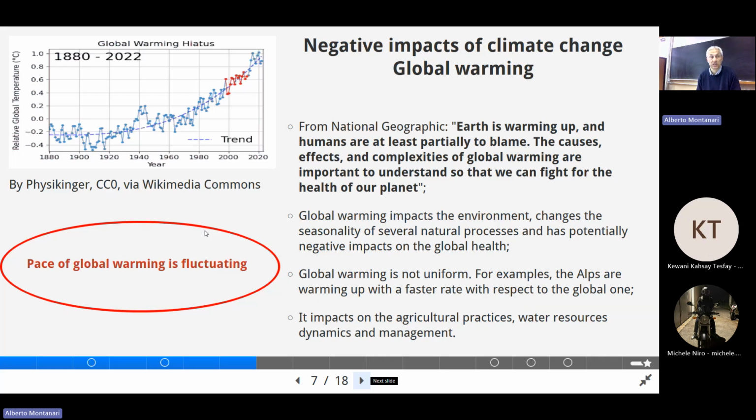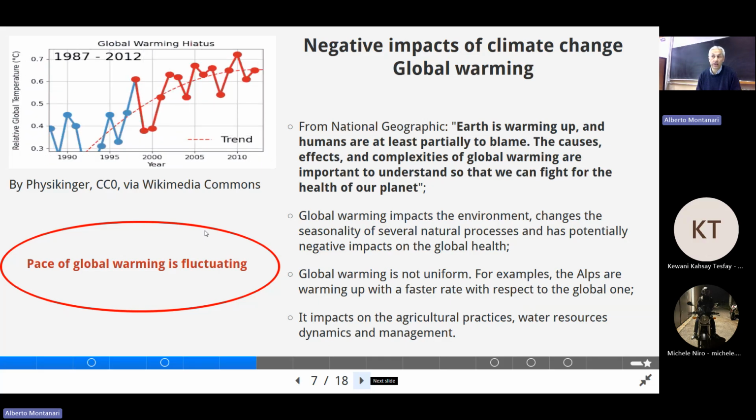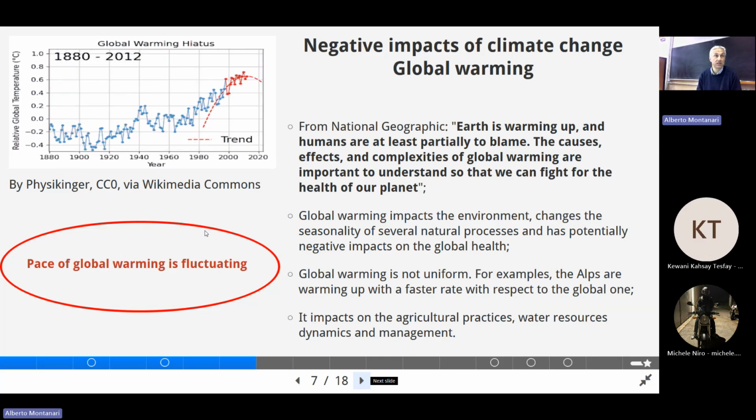Besides being accepted, it's not demonstrated that the only problem is CO2 concentration rising, and then it's correct to say that humans are at least partially to blame. There is no doubt that human activity is at least partially to blame, because it's clear.